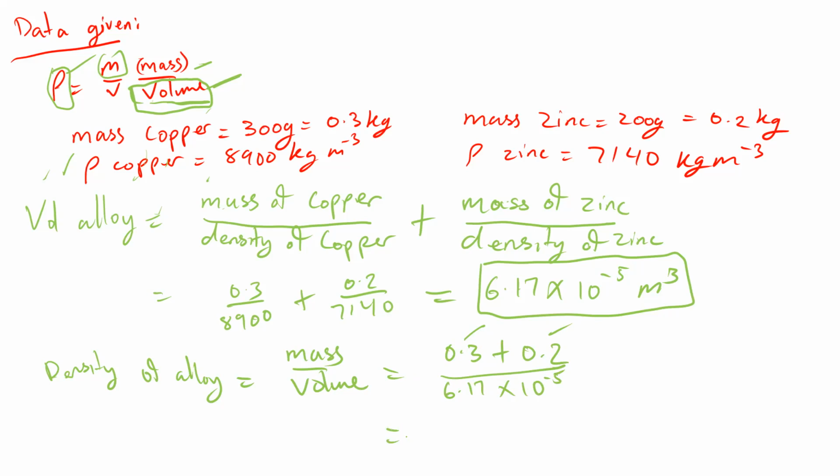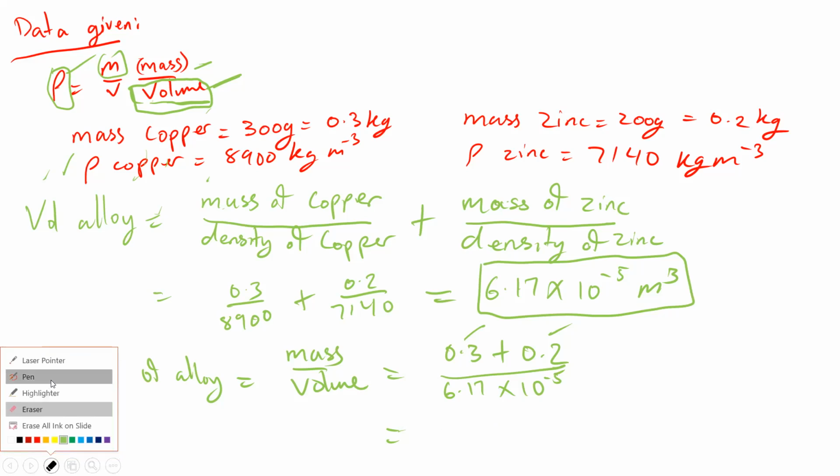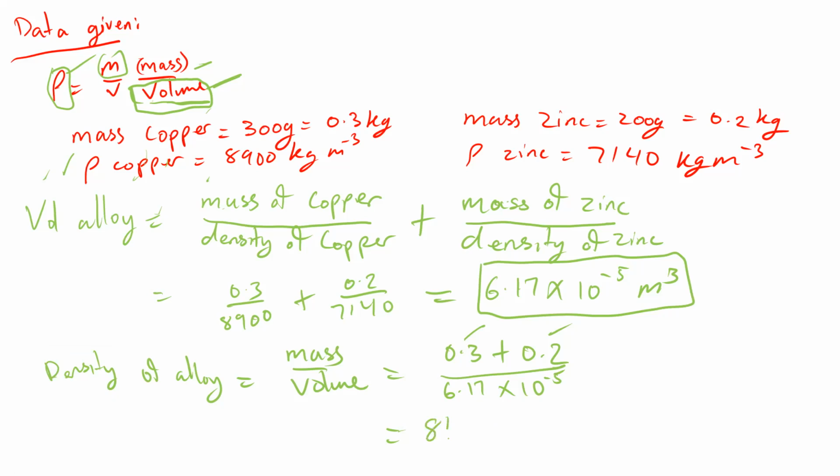Once you plug this into your calculator, you will definitely get the density to be 8100 kilogram per meter cube. Okay, so this is the answer for our first question.